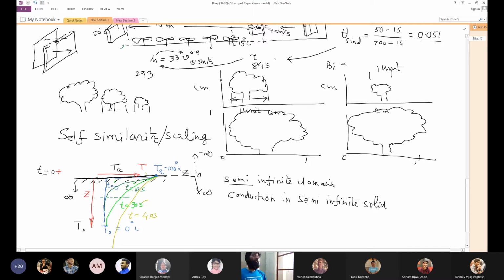Alright? So this is how the profile will qualitatively look. Do you agree with that?